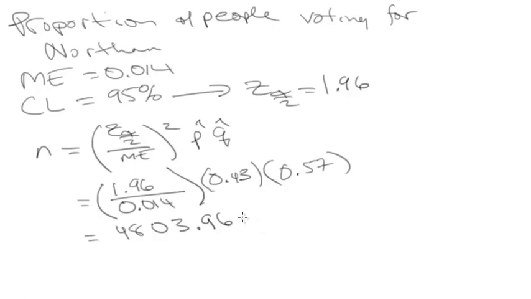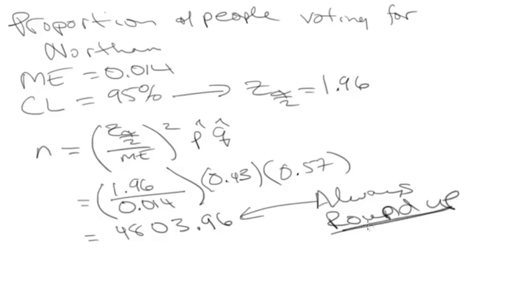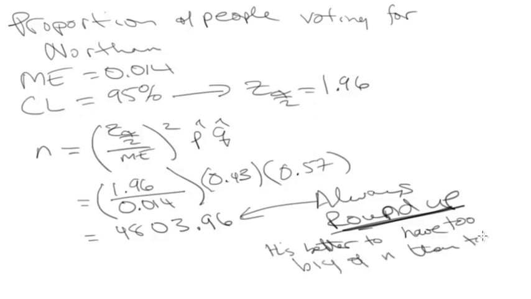So clearly we're going to round that. And now we're breaking rounding rules. Always round up. It's better to have too big of a sample, just slightly too big of an n, than too small.